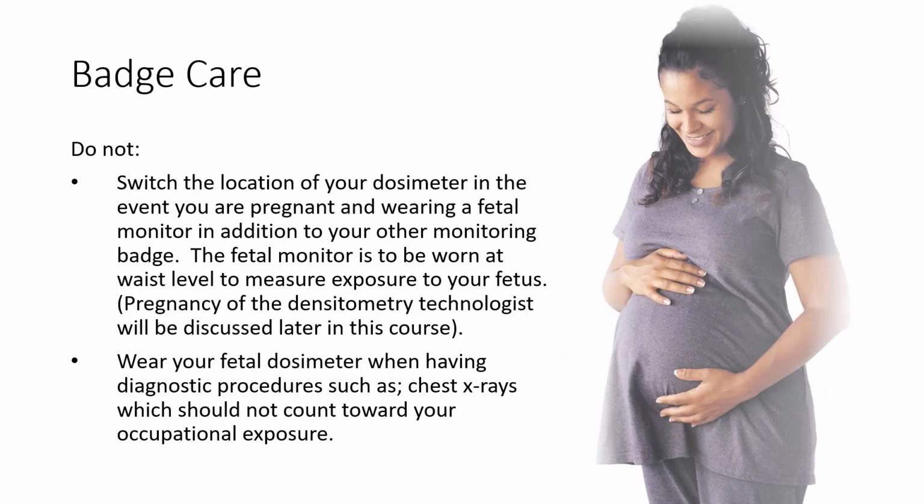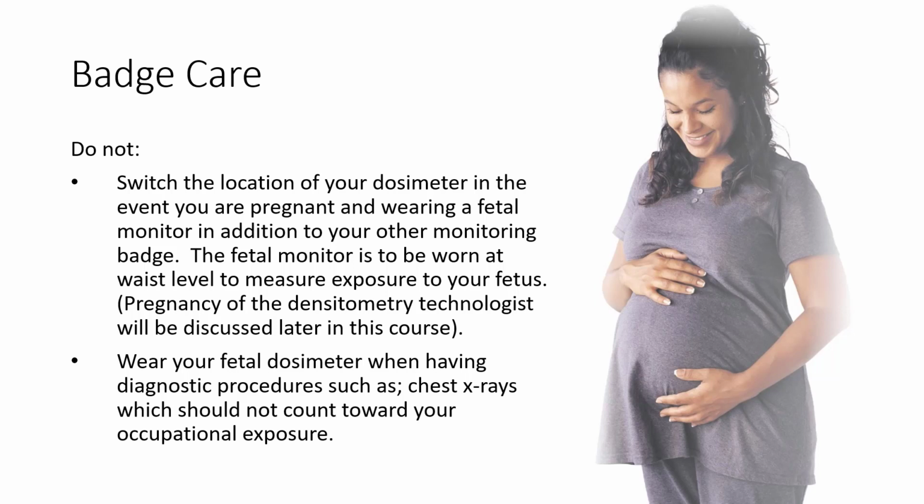As a pregnant occupational worker, do not switch the location of your dosimetry badge to the fetal monitoring position. You need two badges. One is for you, whole body, and one is for the fetus. The fetal badge, as we have said, is worn underneath the lead apron at waist level.